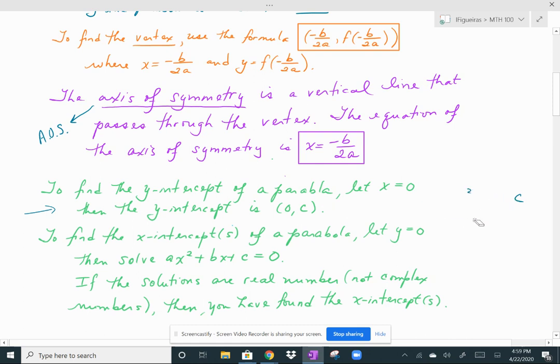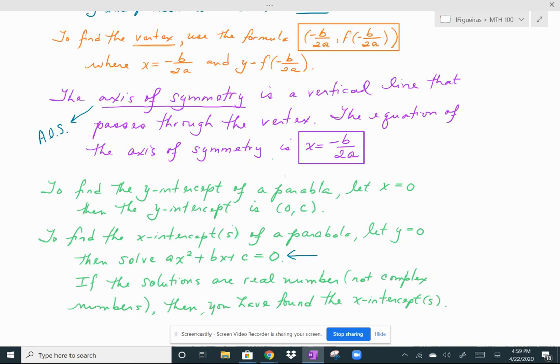You find your x-intercepts by letting y equal 0. And since y is equal to 0, you're basically going to be solving a quadratic equation. And so now we have to go back to skills we've learned in the past. To solve quadratic equations, sometimes we can factor them.